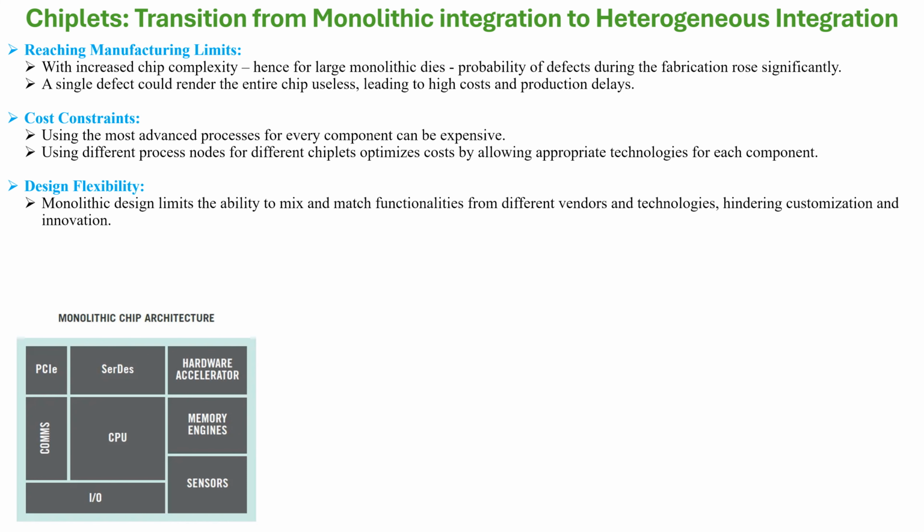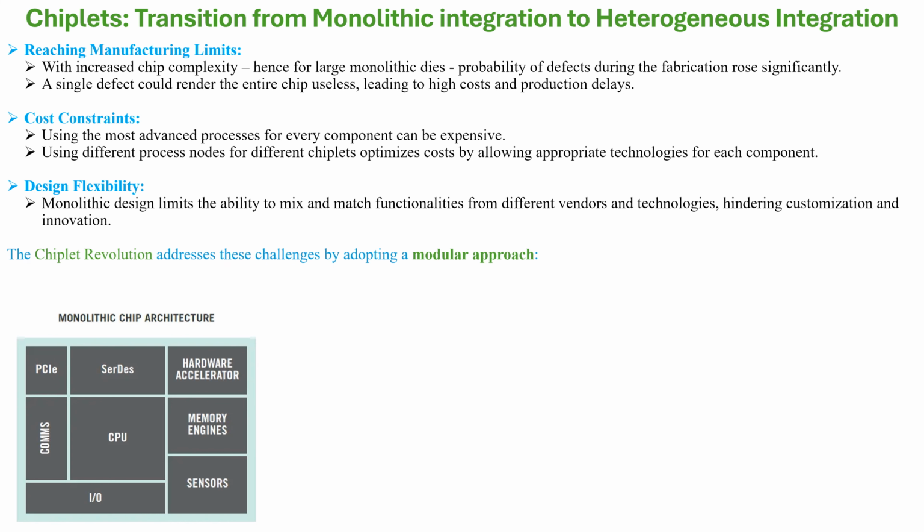Monolithic design limits the ability to mix and match functionalities from different vendors and technologies. For example, I have TSMC and I have GF, and I cannot mix and match here. On one die, one component manufactured with TSMC 16 nanometer, another manufactured with GF say 19 nanometer. You can't mix and match here.